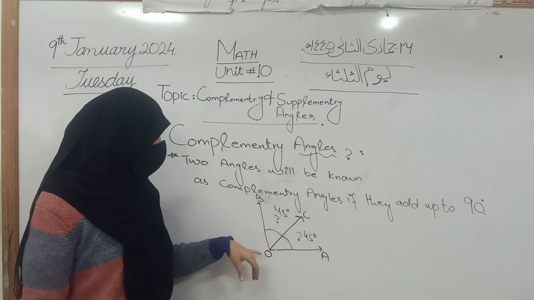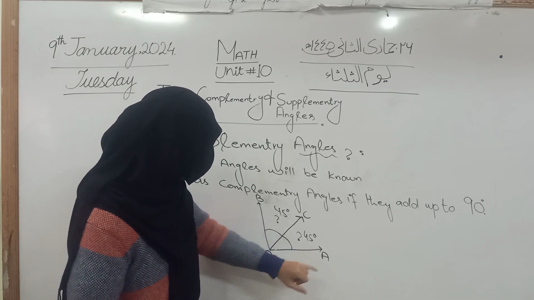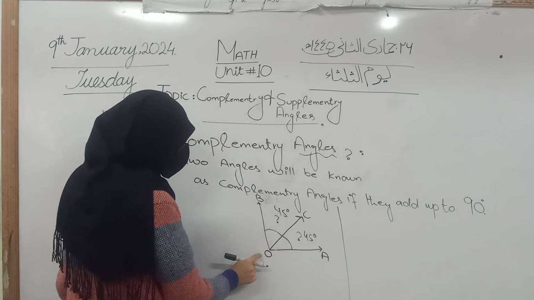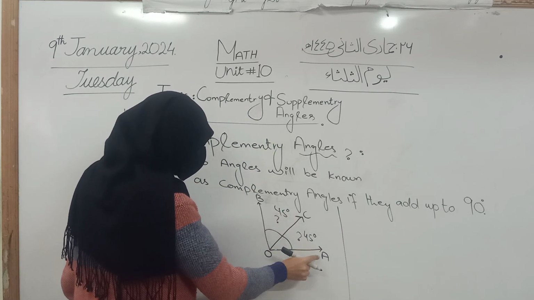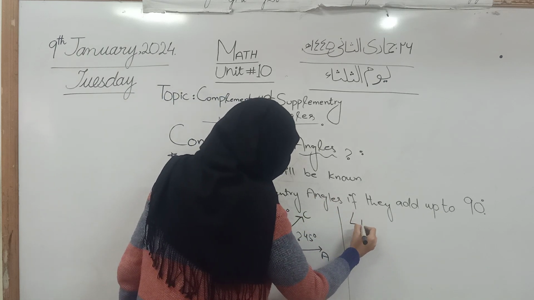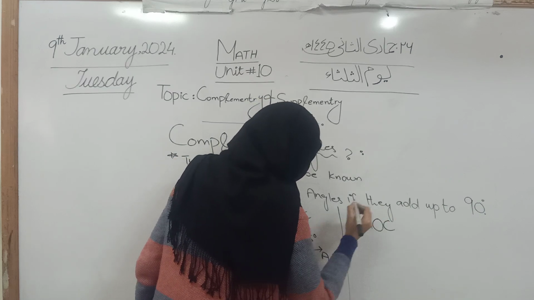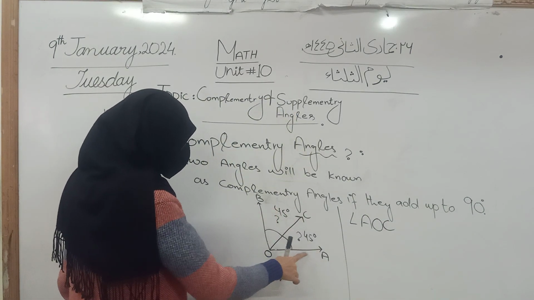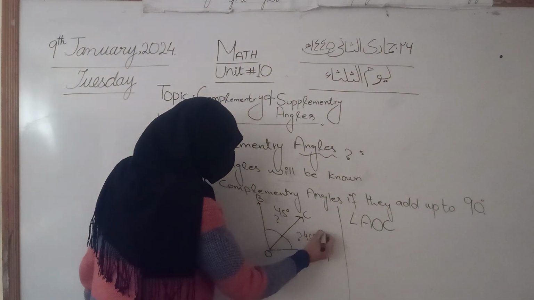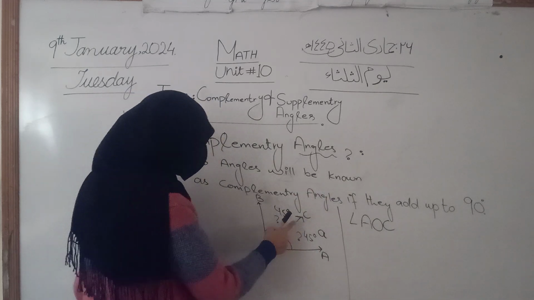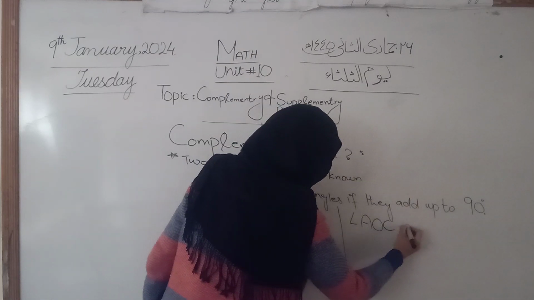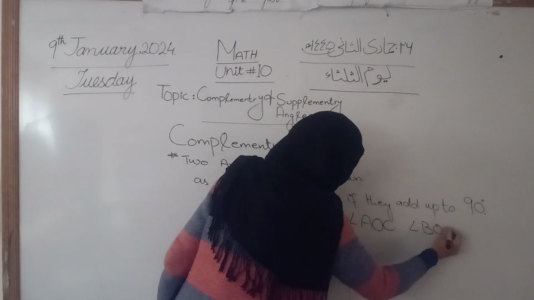Now, please tell me, what are the names of the angles now? According to the figure, this angle will be called angle AOC, that is this one, and if I am saying this angle, it will be known as angle BOC.